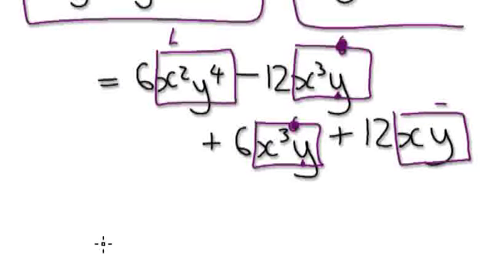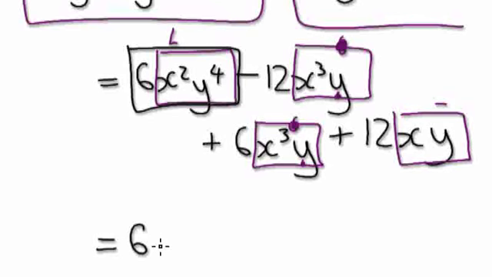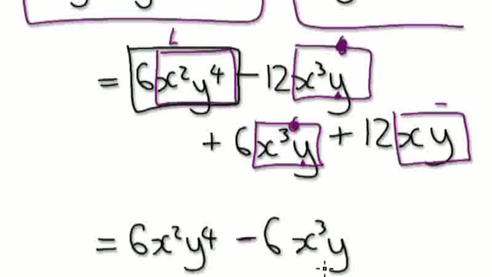Okay. So let's take this down. There's nothing to merge this with. So this will be 6x squared y to the power 4, and here minus 12 x cubed y plus 6 x cubed y. So that will be minus 6 x cubed y.